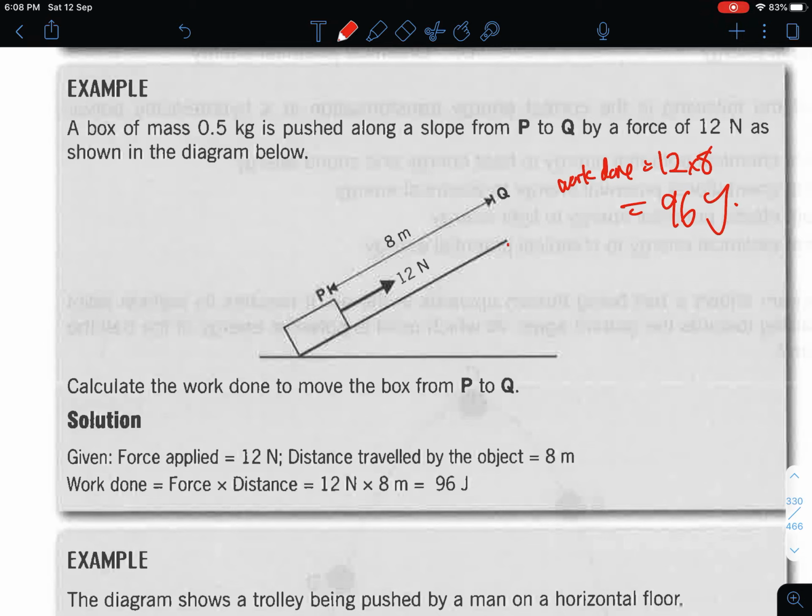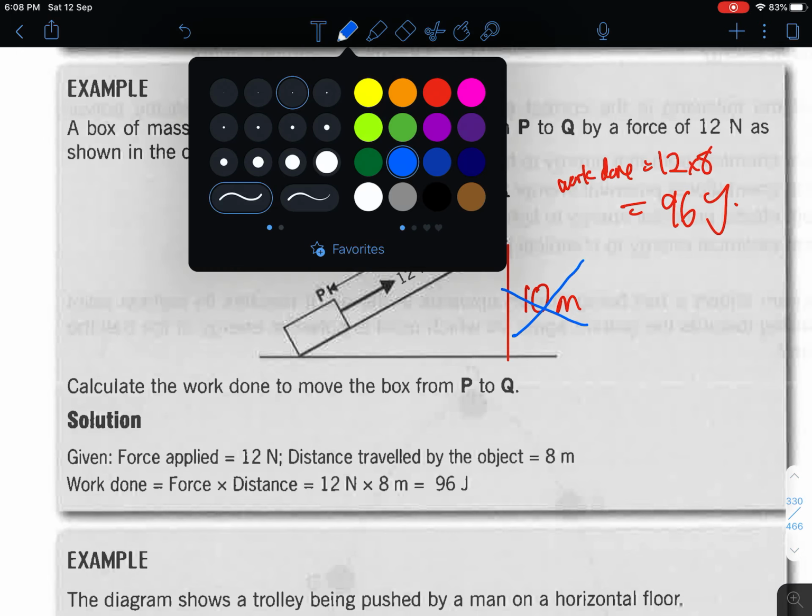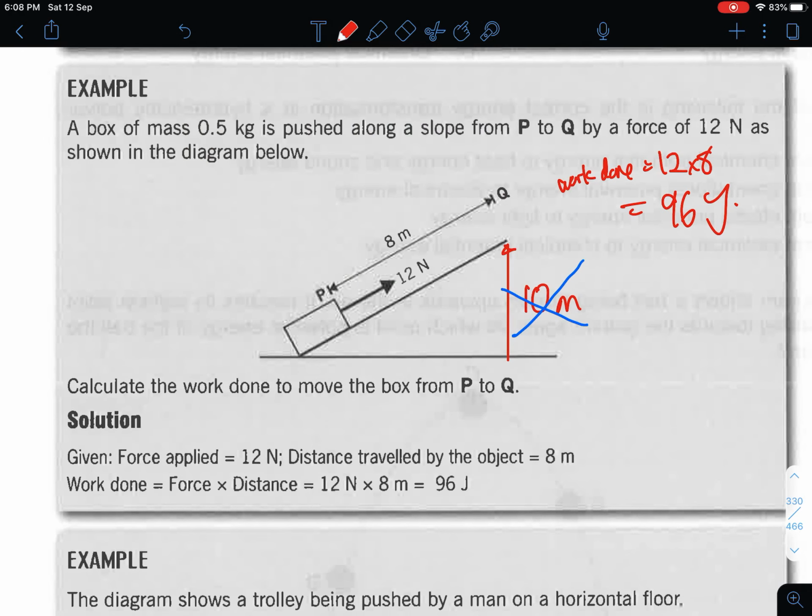Now, what happens if the question wants to trick you and draws another height here? Let's say this one is 10 meter. Please do not use this height at all. Why? Because the force is moving in this direction here, and the length is also here.